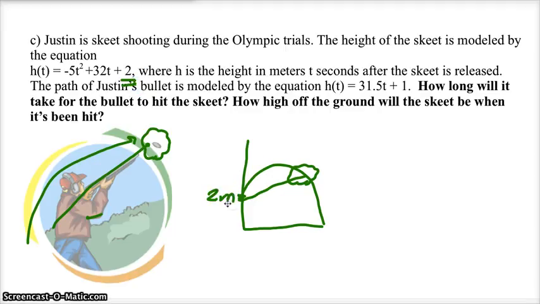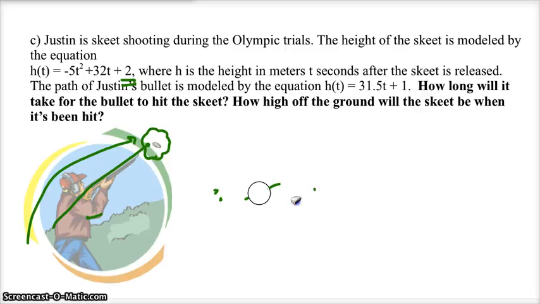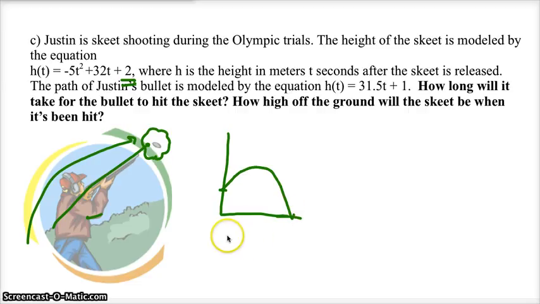meters. It says the path of Justin's bullet is modeled by the equation 31.5t plus 1. So if I go back and redraw this diagram real fast. We have that little plate skeet thing, starts at 2 meters and is coming up, and then will eventually hit the ground, I guess, if it doesn't get shot.